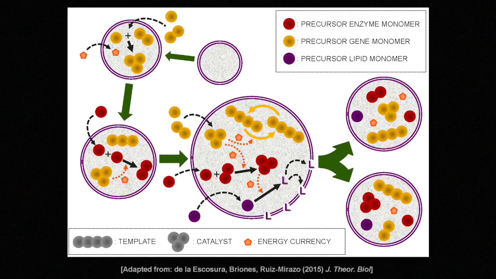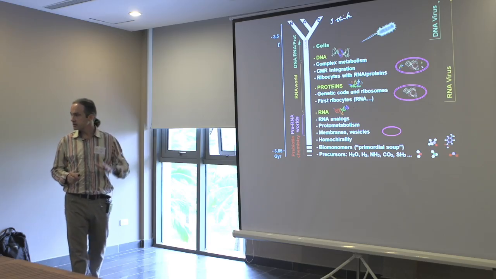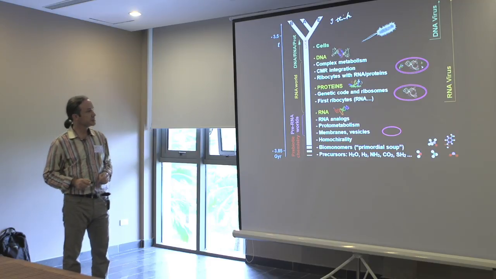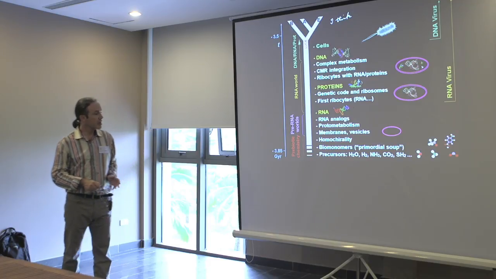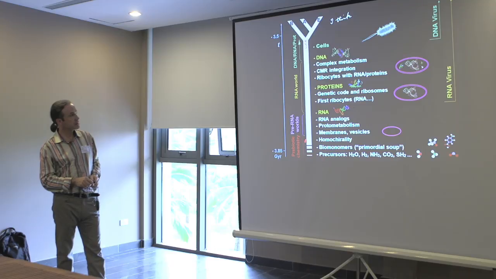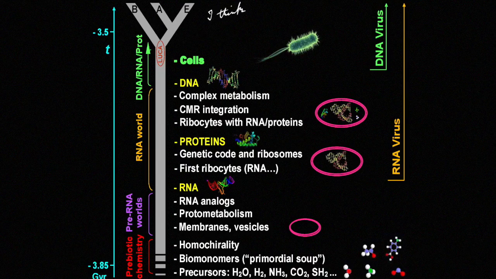So, at the end, I think that if everything we have been talking about in this presentation is true, perhaps after the prebiotic chemistry and before the cells, the gap we had can be filled by different steps.